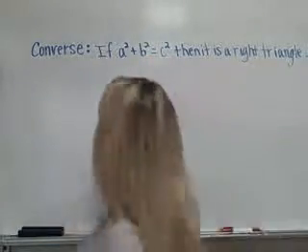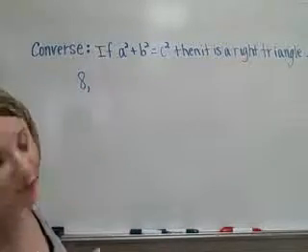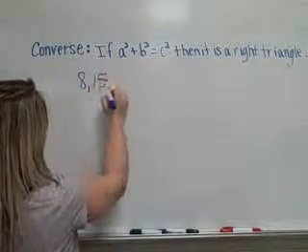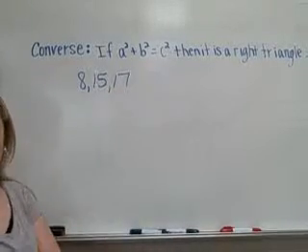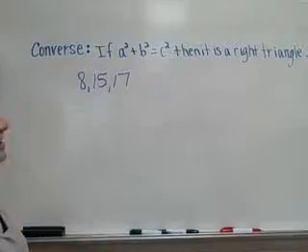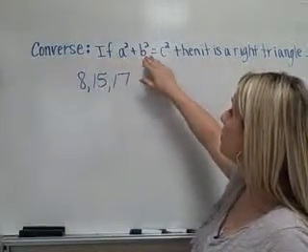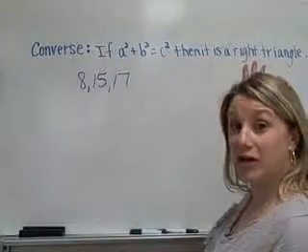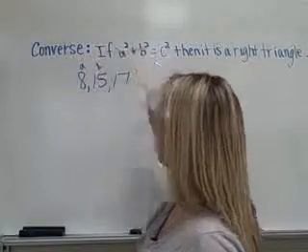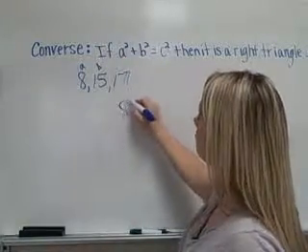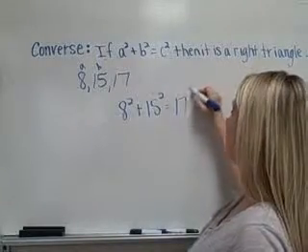For example, let's say that they give us the side lengths 8, 15, and 17. If they give us those 3 lengths and they ask us, is that a right triangle? Well, if a squared plus b squared equals c squared, then it is a right triangle. So let's check it. Remember, the smaller two are always a and b. So a squared plus b squared equals c squared.